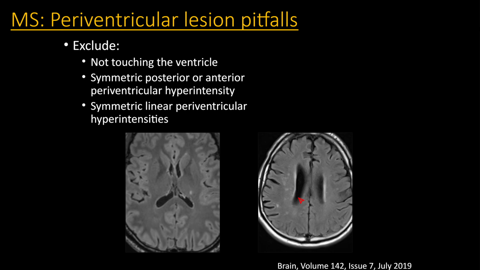So things that look like chronic microvascular ischemic change, even if they touch the ventricles, are excluded. But again, they have to be symmetric or these linear hyperintensities. If they're asymmetric, if it's just around one horn of the ventricle and the other horn is clear, you can count that as a periventricular lesion for the purpose of MS diagnosis.